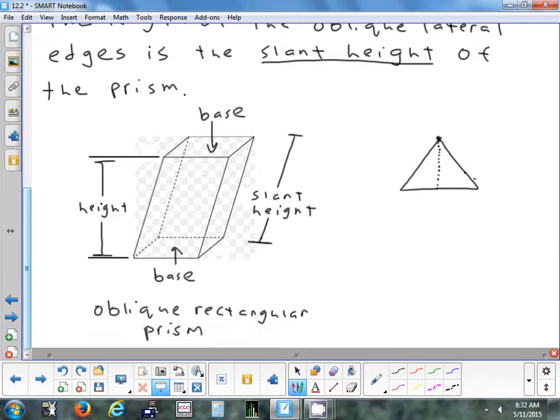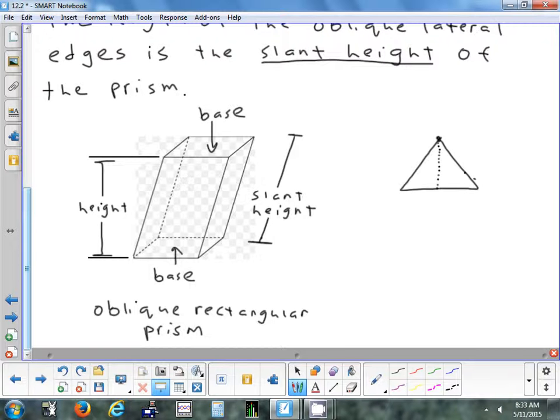Any questions on that? This shape right here is called an oblique rectangular prism. What do you think when you make it oblique, by bending that top side? Do you think it changes the volume? What do you think, Luke? I don't know anymore. Bigger.